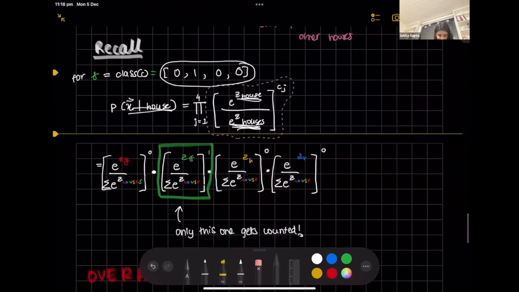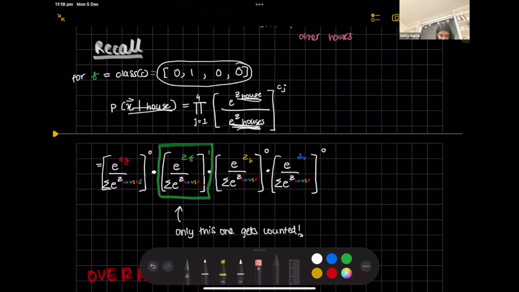And this looks a little mathy, but let me break it down. It's essentially e to the power of Z Gryffindor to the 0th power, corresponding with this, e to the power of Z Slytherin to the 1st power, corresponding with the 1, and then e to the power, and then 0s everywhere else.